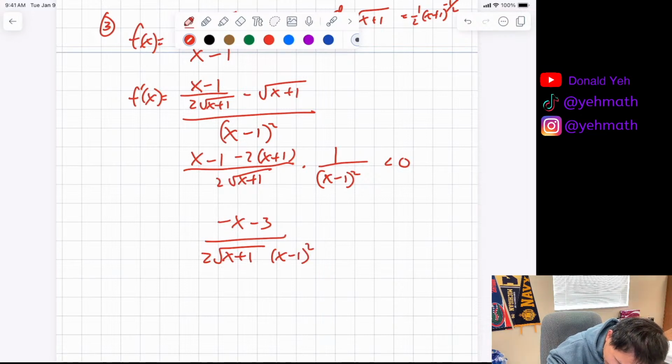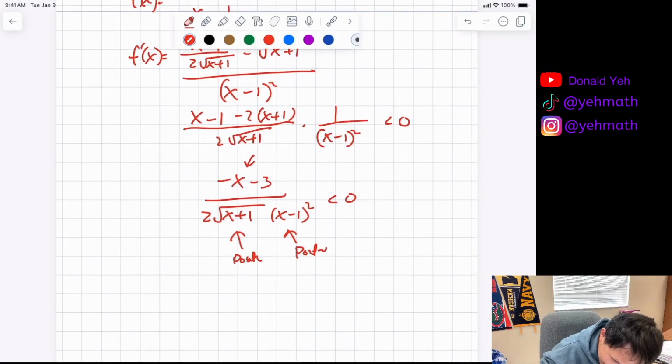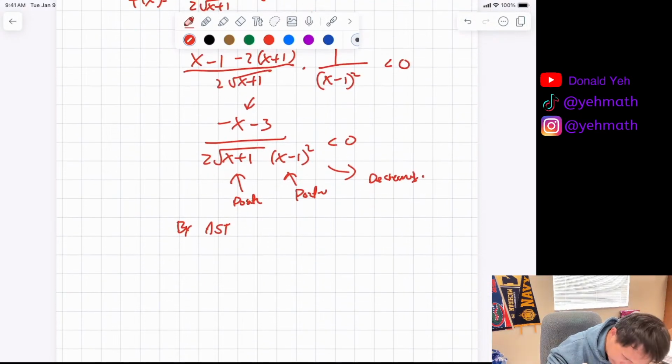So the bottom part is always positive. But the top part is what? Always negative. So it is less than 0. So it's decreasing. So by AST, the series converges.